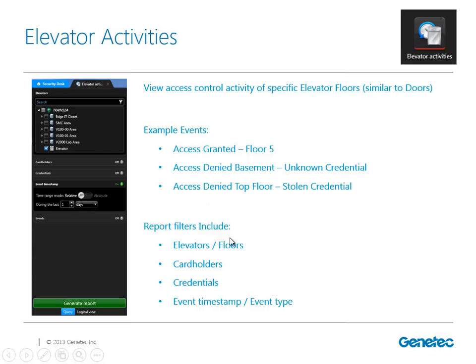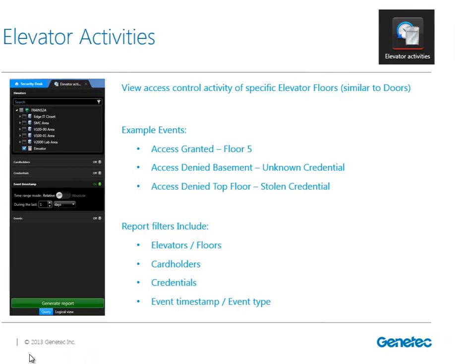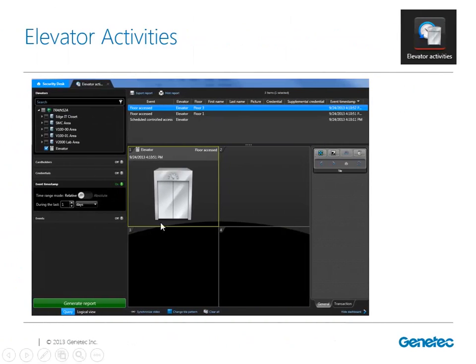And again, I can run the filter against the different elevators that I have, cardholders, credentials, and time as well. This is how it will look once I get a report back by running the elevator activity report.